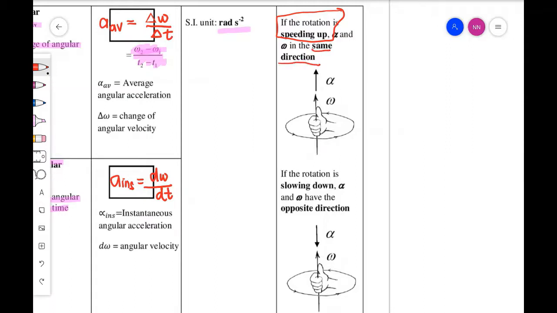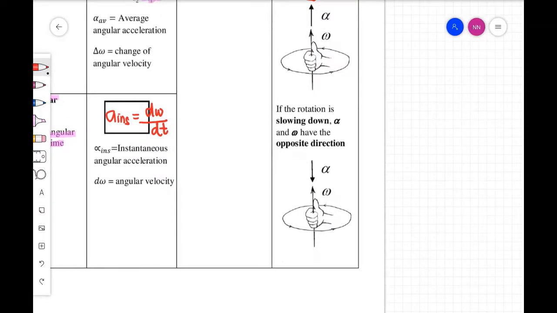If the rotation is slowing down, that means omega decreases, so alpha and omega have the opposite direction.